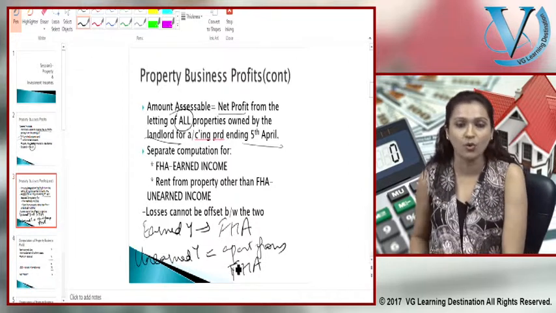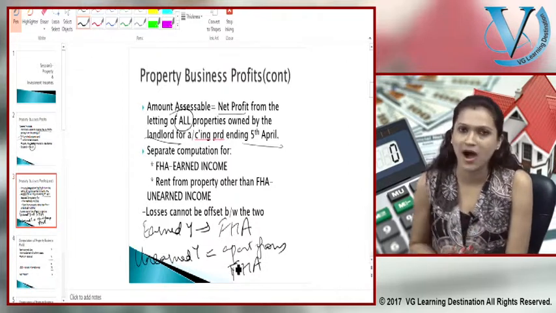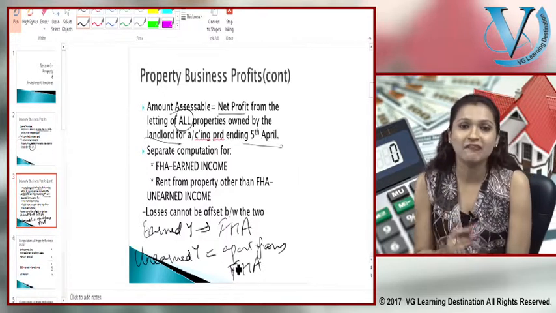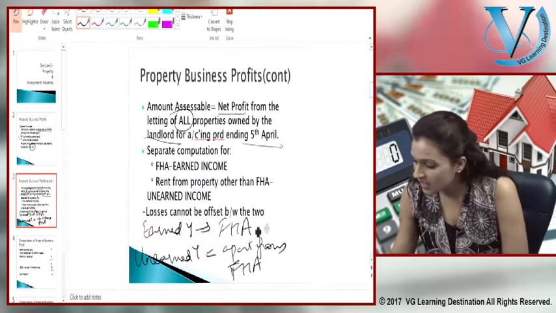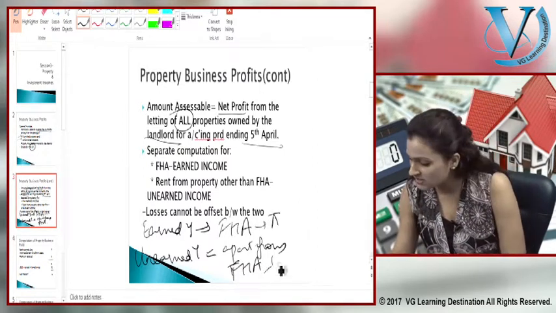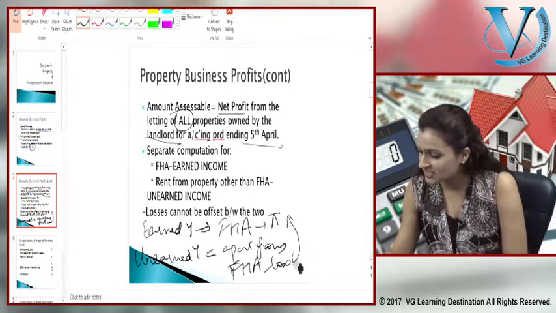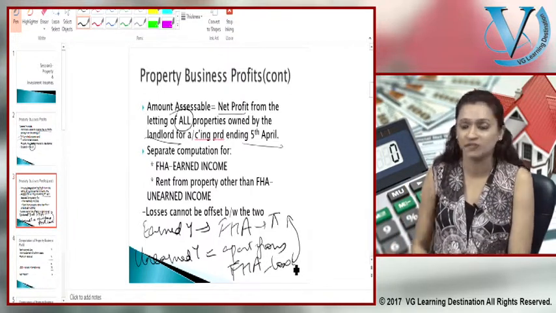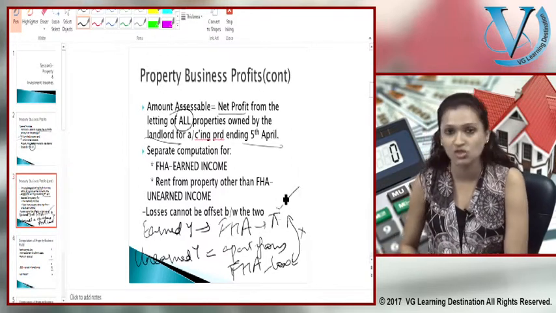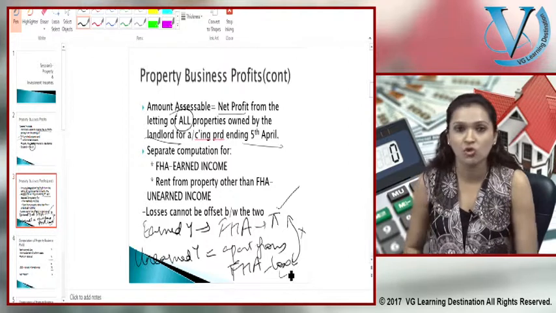So now how are you going to calculate these two? Are you able to offset one loss against the profit of the other? Definitely not. Supposing in earned income you have made a profit, and in your unearned income you've made a loss. You cannot offset this loss against the profit of the other. It is not allowed. Here you need to separately show a profit, and here you need to show a loss.